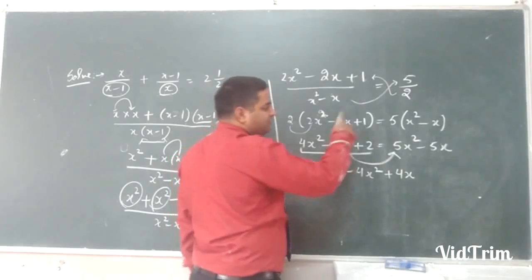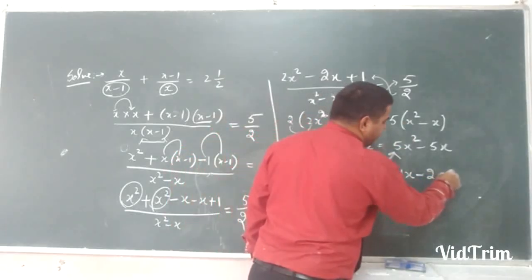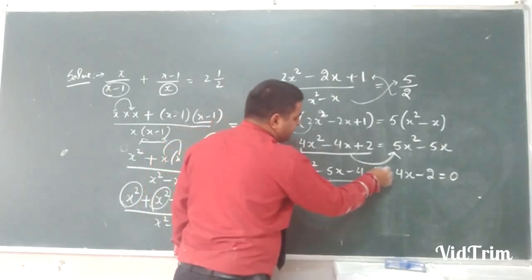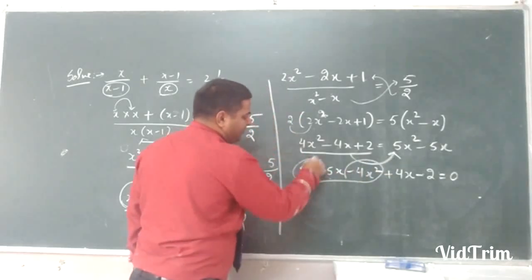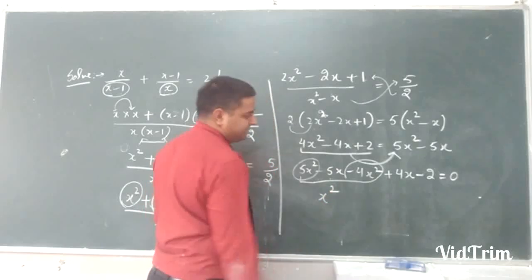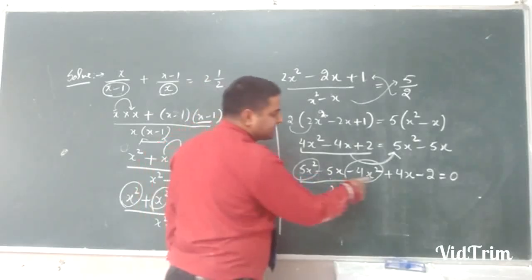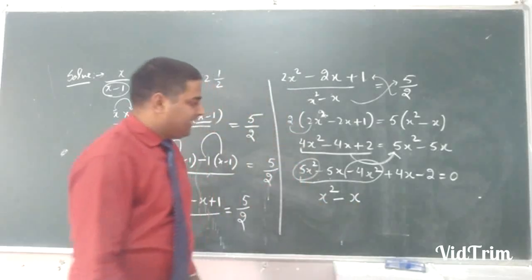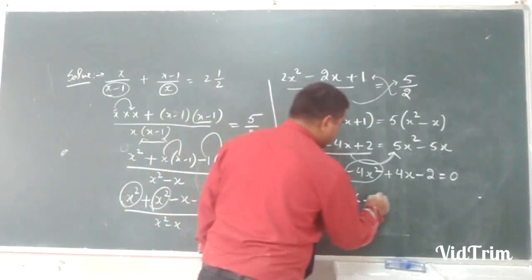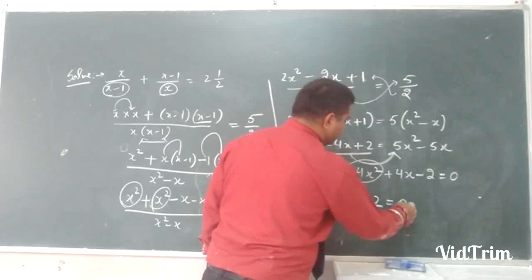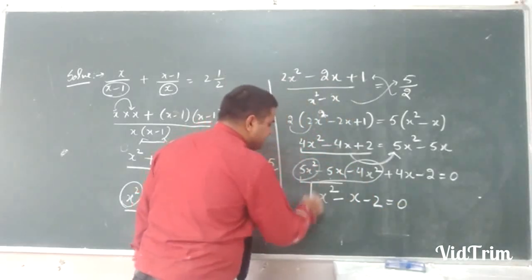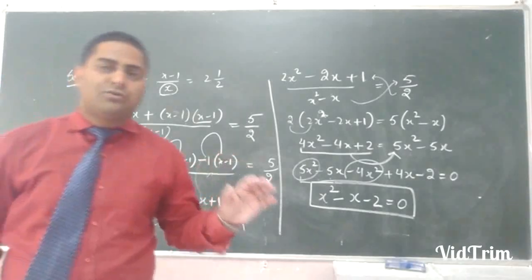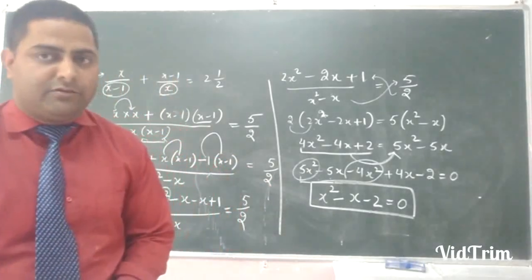And this plus 2, this side changes to minus 2. So 5x squared minus 4x squared, what do we get? X squared. Minus 5x plus 4x is minus x. And minus 2 equals 0. This is the required quadratic equation whose roots have to be calculated.